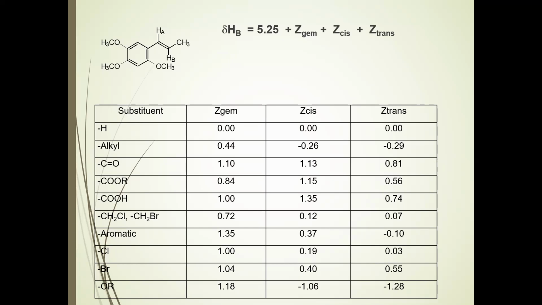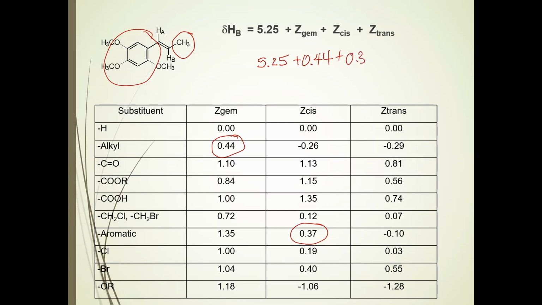So for hydrogen B, which is the one that we are looking at, we have 5.25. The geminal group is the methyl. So we'd go into the geminal column, go down to methyl or alkyl. We add 0.44. For the cis position, we have the aromatic ring. So we would go to cis, come down to aromatic, 0.37.